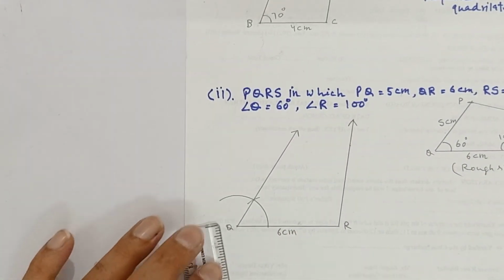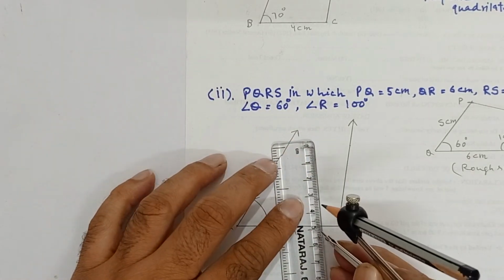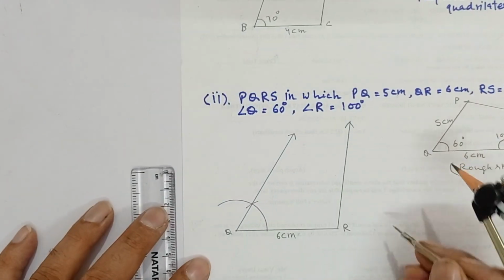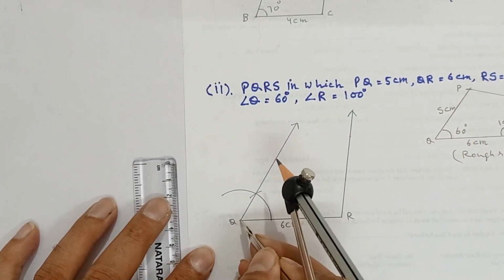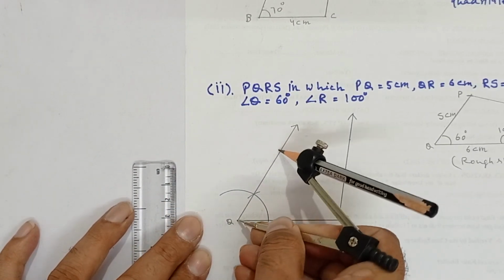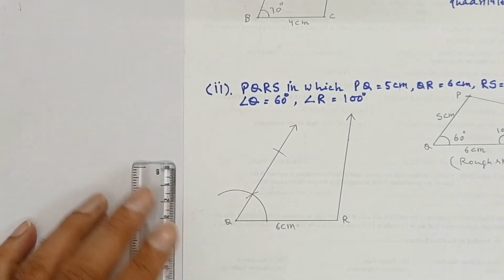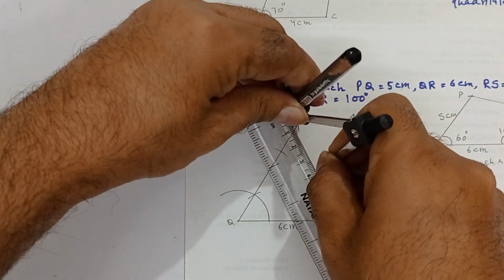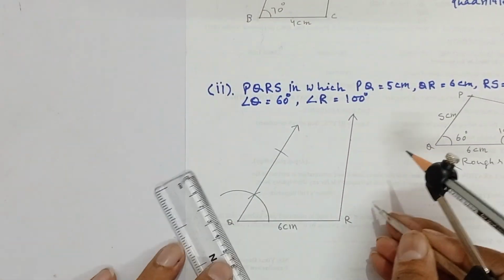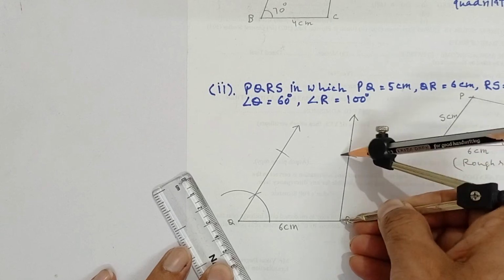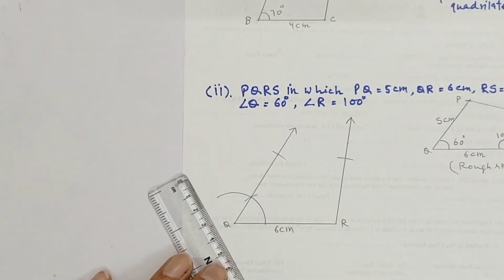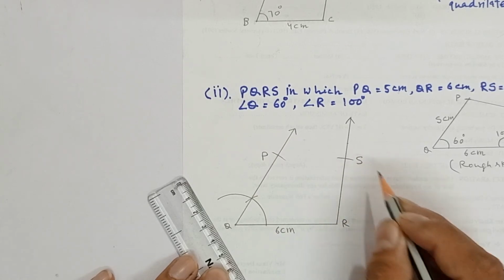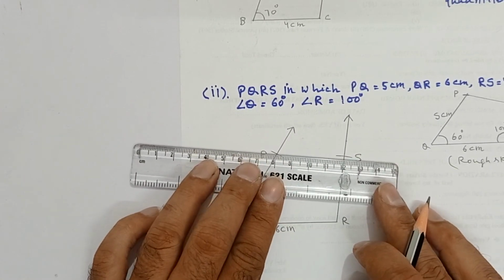5 centimeter. So let's open the compass 5 centimeter. Keep the compass tip on Q and cut here 5 centimeter arc. Then 4 centimeter you are to open. And by keeping the compass tip on R, cut an arc here also. So label it. This is P and this is S. And you need to join this PS.